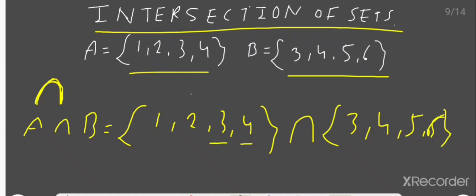There are 3 and 4. Intersection means we have to write the common elements which are given in both sets. There are two common elements only, 3 and 4. We have to write 3, 4 only. So this is the intersection of two sets.